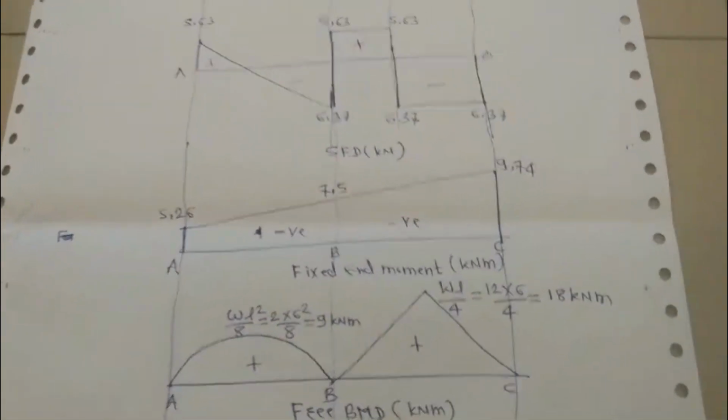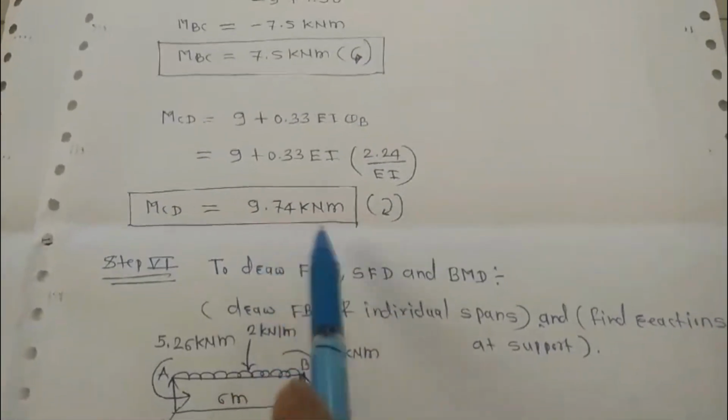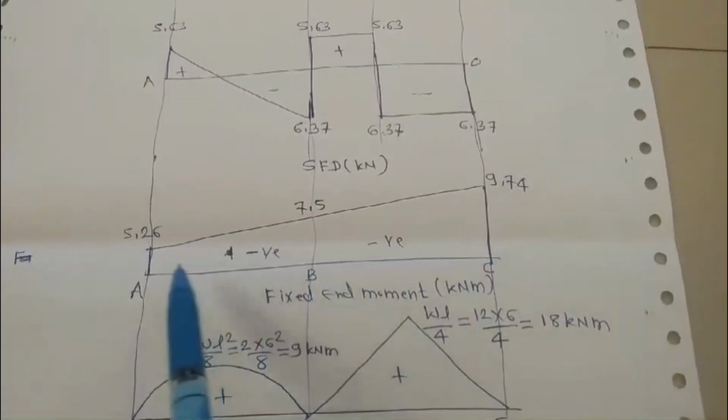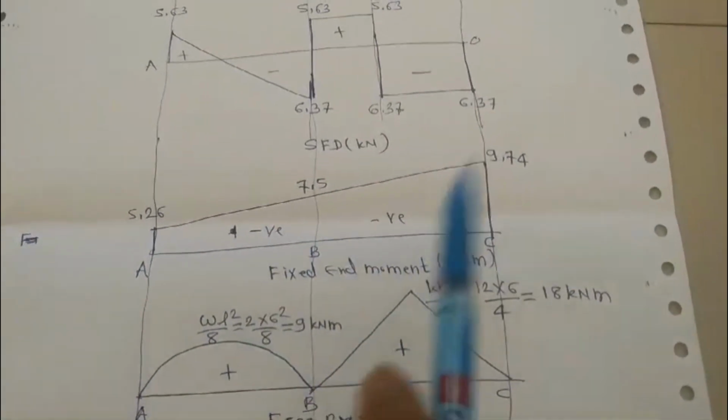And at BC it was 9.74. So this is your fixed end moment diagram.